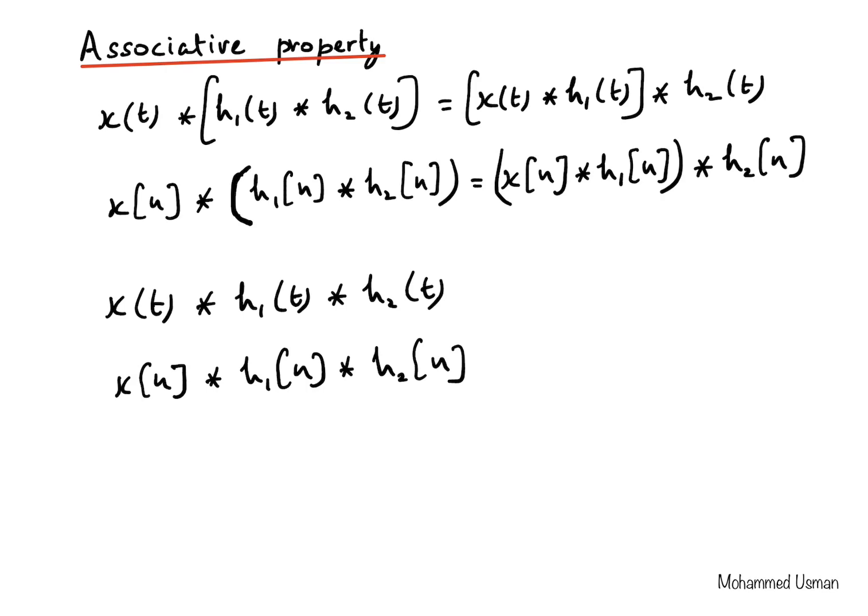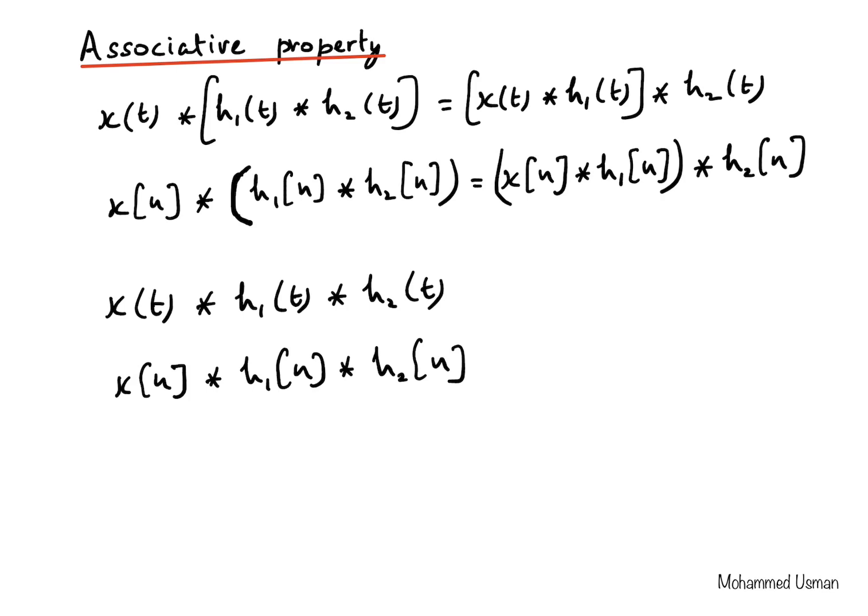So therefore, that is basically the associative property of the convolution operation, and hence the associative property of LTI systems. And this associative property has an implication or meaning when we have systems in series.